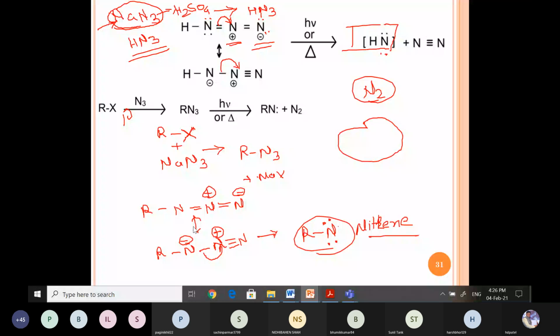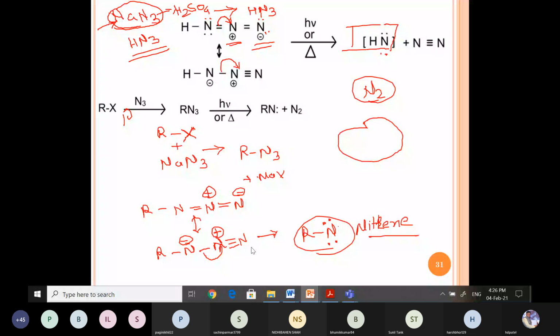So I have explained how the nitrene will form from the different types of reagent. If you are having HN3, from HN3 also the nitrene will form. If you are having RX and by treatment with NaN3, it will convert into RN3, and then also nitrene will form.